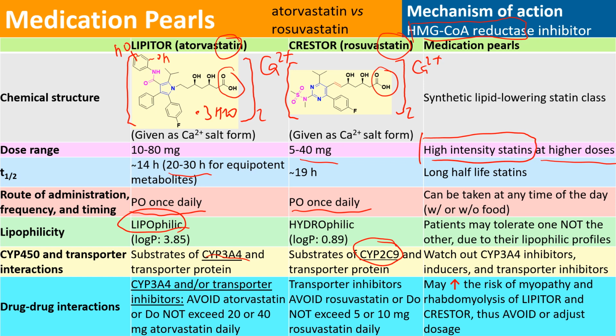For example, do not exceed 20 mg or 40 mg of atorvastatin daily. For rosuvastatin, either avoid concomitant use or make sure not to exceed 5 or 10 mg of rosuvastatin daily, because this can increase the drug exposure and the risk of myopathy and rhabdomyolysis for atorvastatin and rosuvastatin.